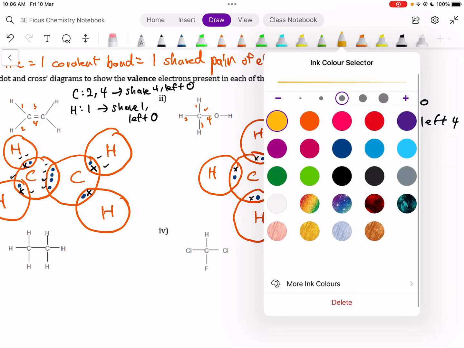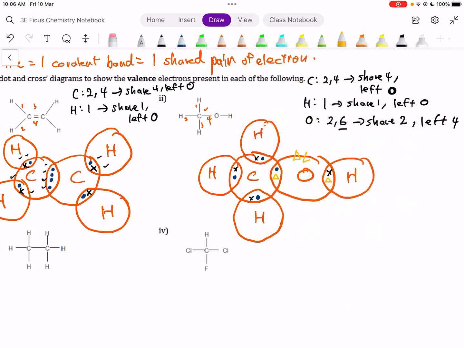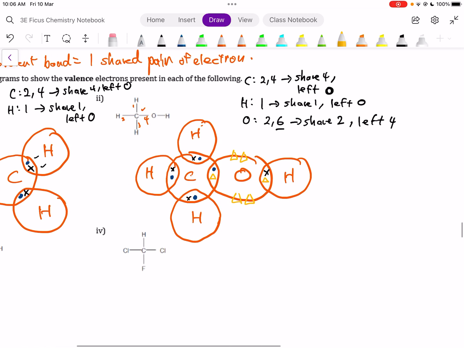Let me go back to the oxygen. So my legend is this way. Triangle is electrons of oxygen.